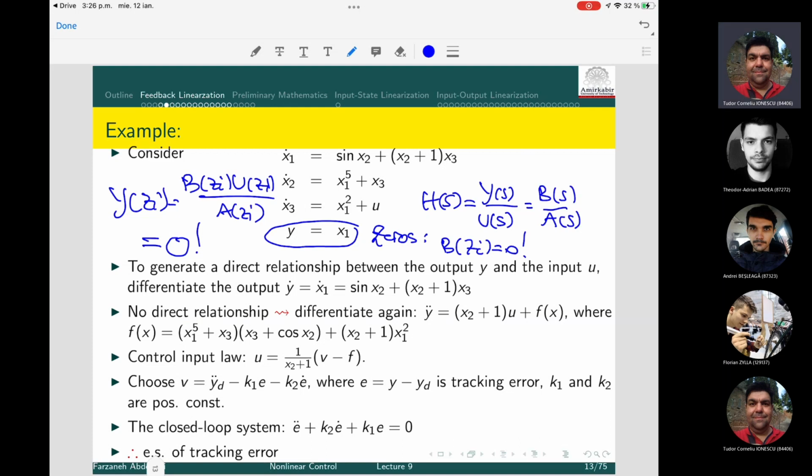So you have to differentiate once, you have to differentiate twice. Again, is there a relation now? Yes. And if you differentiate again, you look here, there is a relation. u appears in the second derivative.